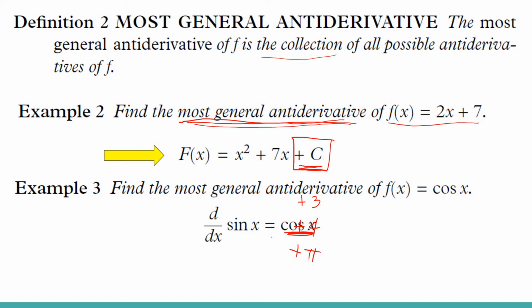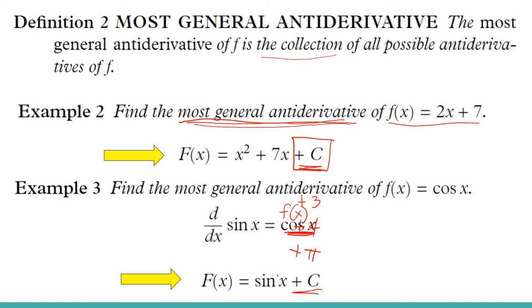So sine x here is the big F, and cosine x here is the f of x. The antiderivative of this one is sine x plus c. There is a plus c. That is the most general antiderivative of cosine x.